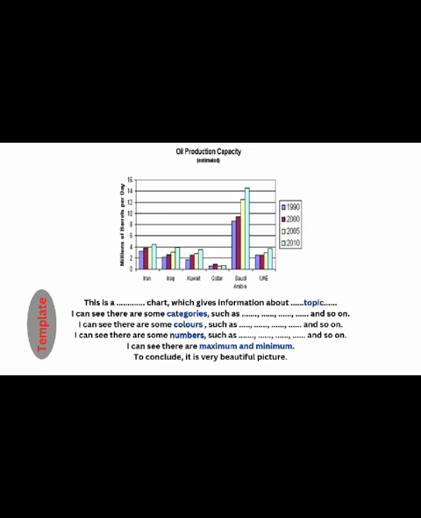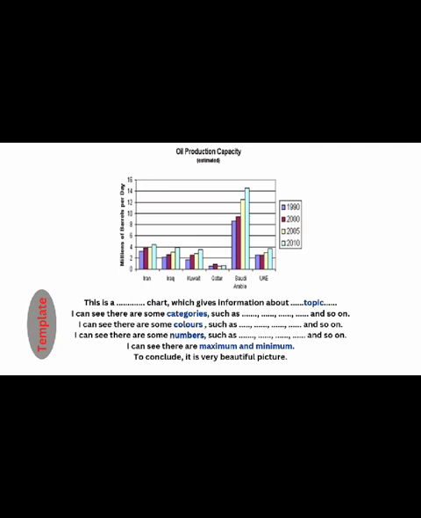So what I did in this template, as you can see, I have given some spaces. Like this is a bar chart. Now you can fill in the spaces with whatever chart you are given, either line chart, bar chart, pie chart, or table chart. After that there is a topic written in the blank after "which gives information about".